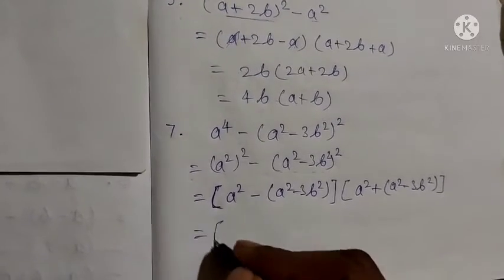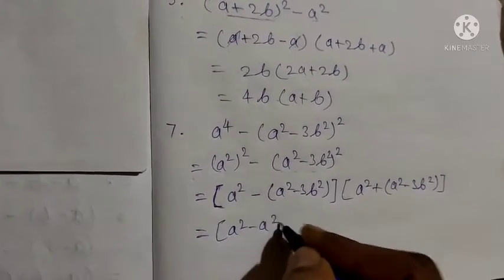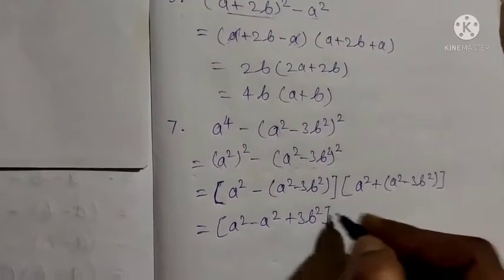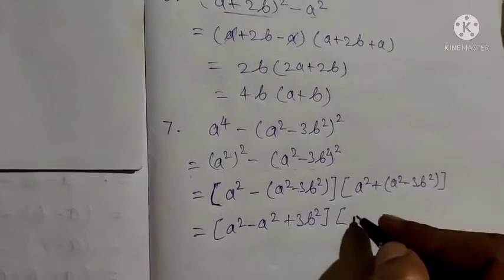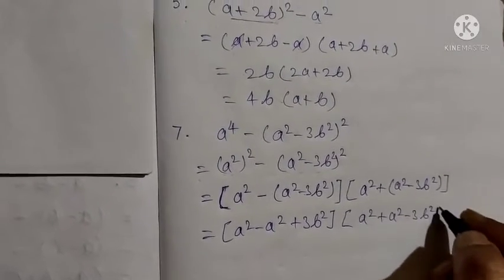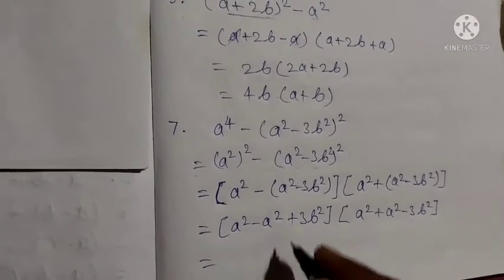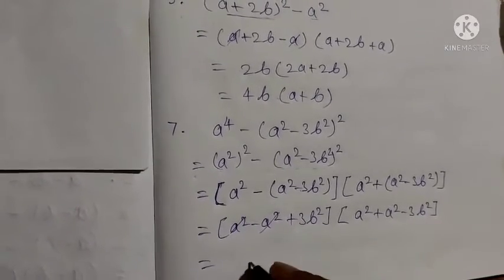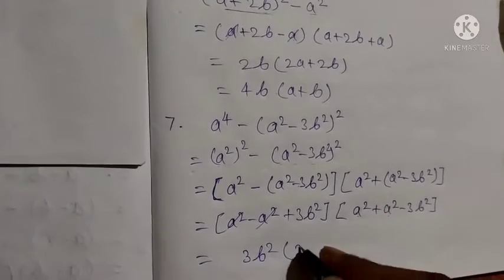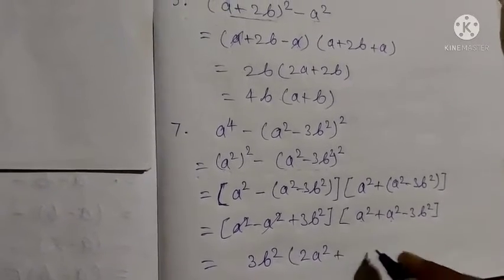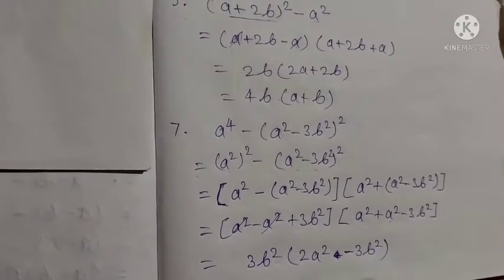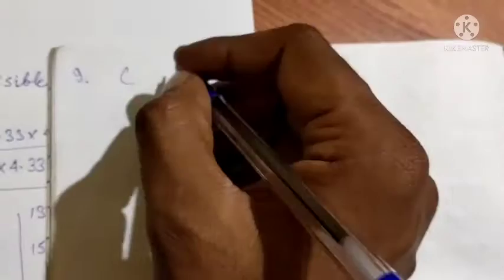Now it will be a square minus a square, and minus into minus become plus 3b square, and a square plus a square minus 3b square. Hence a square cancel, only 3b square left here, and it will be a square plus a square become 2a square minus 3b square. This is your answer.